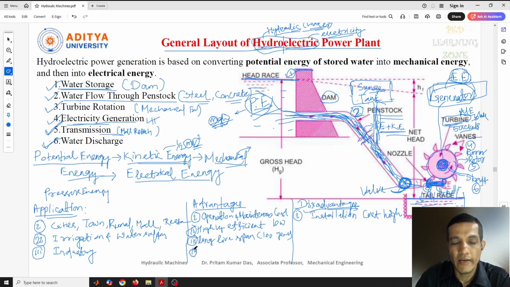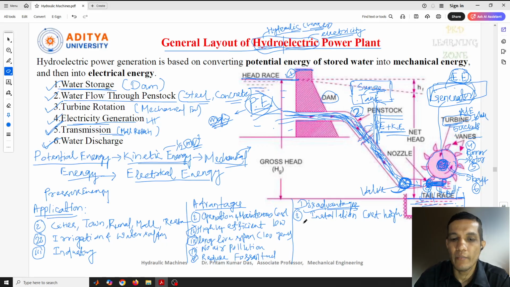It won't create any kind of problem, and no greenhouse activity will be there. By using these, we can reduce the dependency on fossil fuels. So these are some advantages.